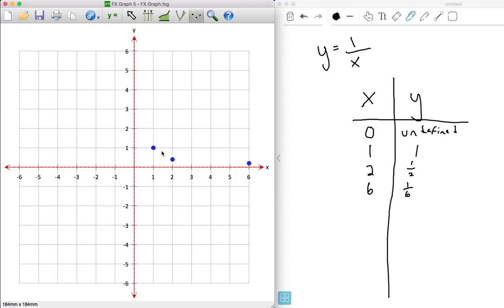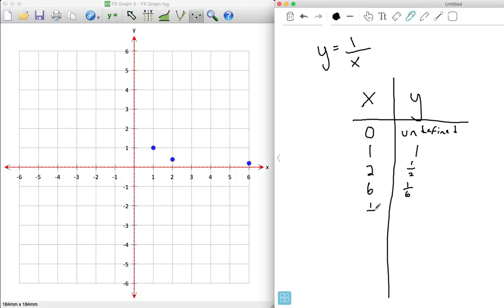The other question is, what happens to this graph in between 1 and 0? We got to fill this graph in right up to the asymptote. So I'm going to pick a weird value for x. I'm going to pick a half. When I get 1 divided by a half, if you remember dividing fractions means you invert and multiply by the bottom fraction. So I actually get 1 times 2 over 1, which is 2.